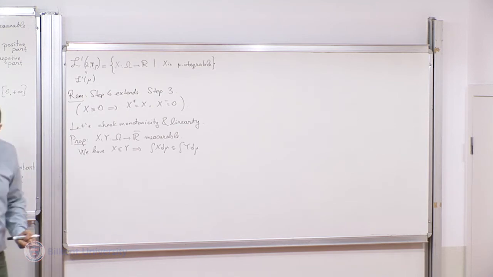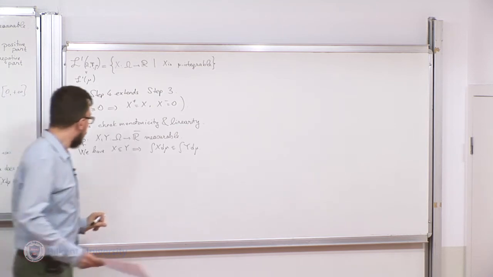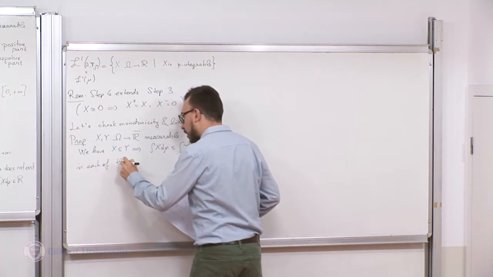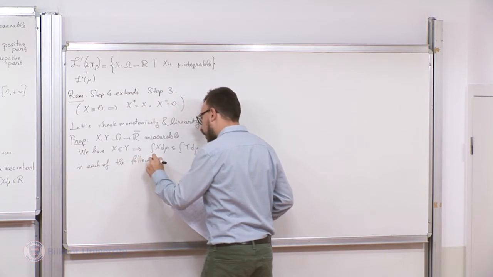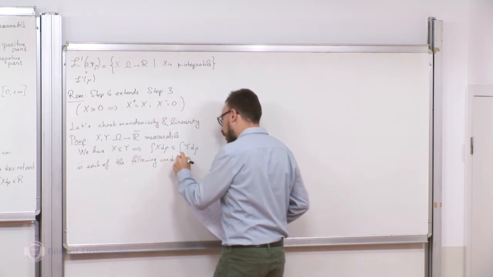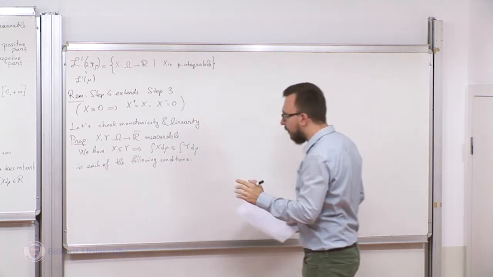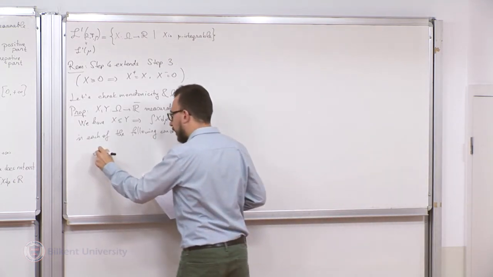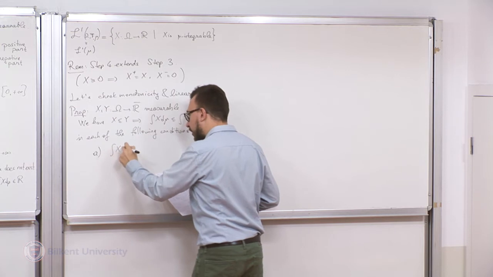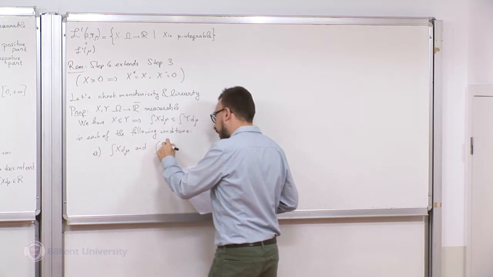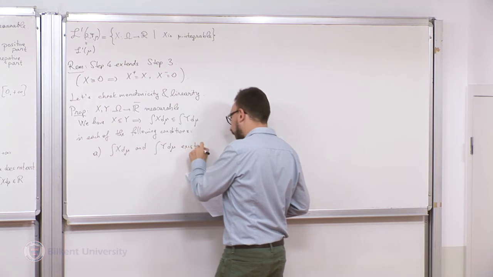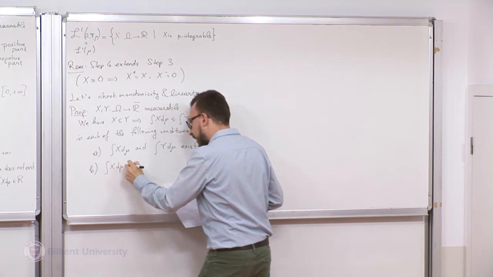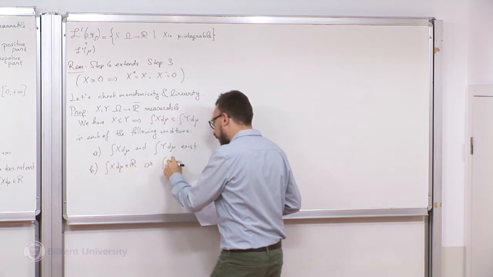So I will list two cases, in each of the following conditions. Of course, if they are positive, it is automatically satisfied, right? So I don't want to list that one. So the new ones are these. A: the integrals of x d mu and y d mu exist. Or B: you need to have either this is integrable or this is integrable.